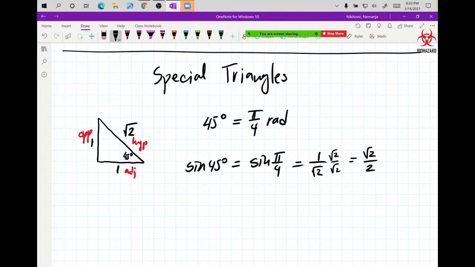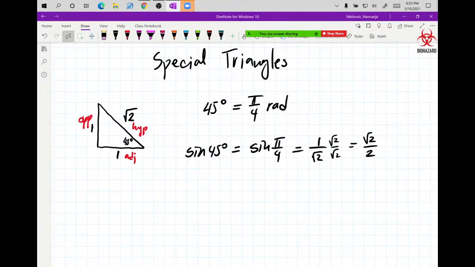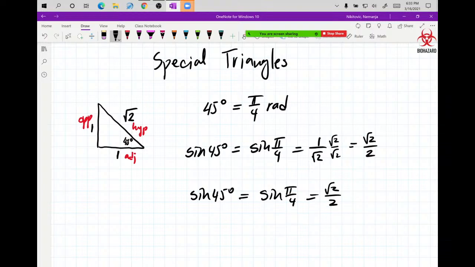So what I've learned in this case is that sine of 45 degrees, which is also known as sine of pi over 4, is actually square root of 2 over 2. That's a value. That's a number. So now I know how much sine of 45 is, or sine of pi over 4 radians, which is awesome.